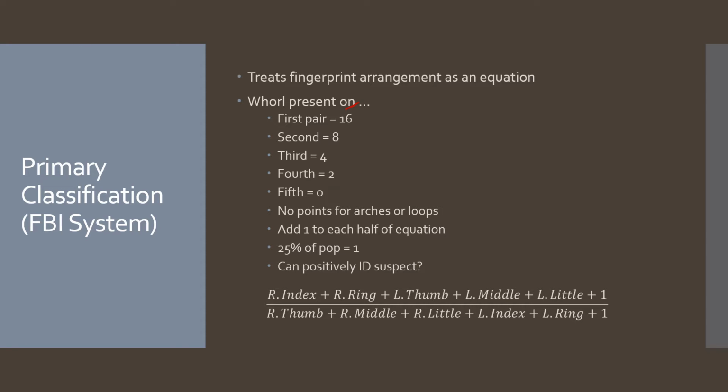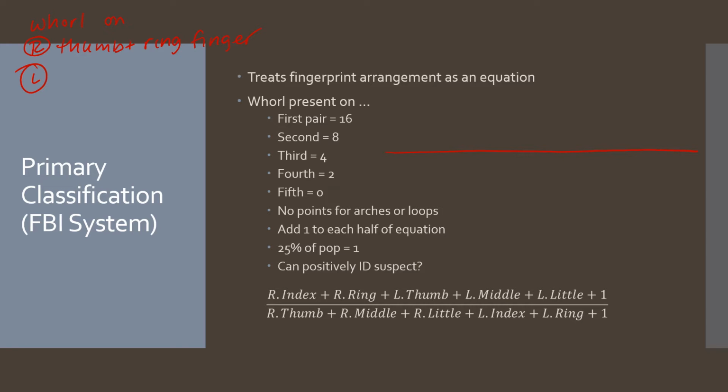So if you look at your thumb, let's pretend you have a whorl on right thumb and ring finger. And you're not exactly bilaterally symmetrical.